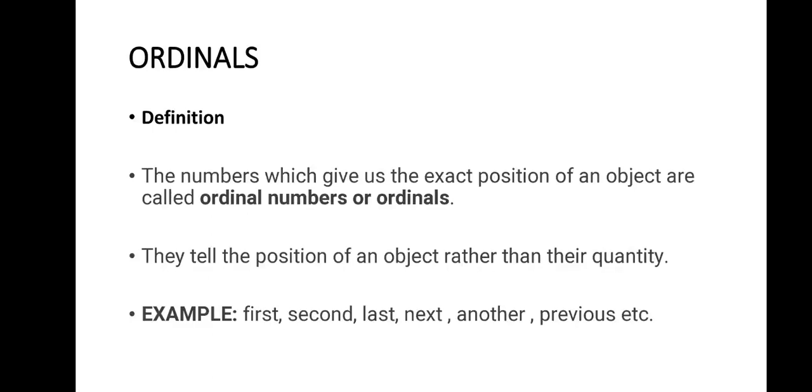Cardinals are the numbers as they are, that is 1, 2, 3, 4, and so on. And ordinals are the exact position of the object: first, second, and so on.